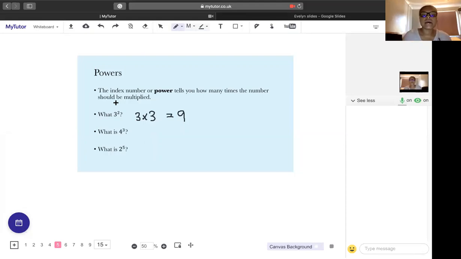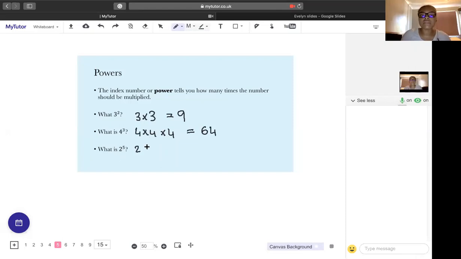Now, for 4 cubed, so the power of 3, this would just be 4 times 4 times 4. So we're timesing 4 3 times. Then 4 times 4 times 4 gives us 64, because 4 times 4 is 16, 16 times 4 is 64.